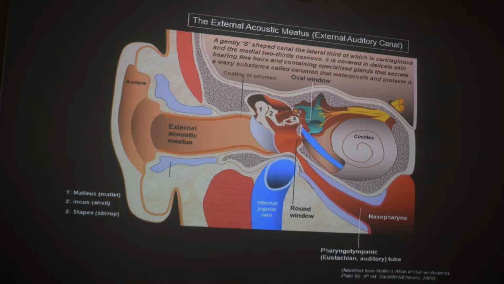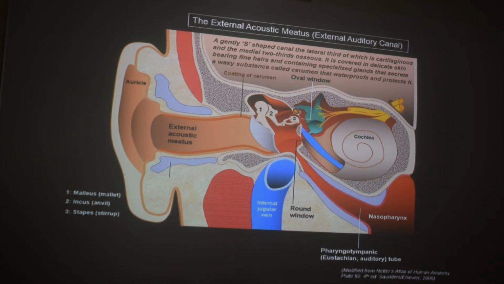So when you are going to examine the external ear, you pull the ear upward and backward. This upward and backward pulling of the auricle will make the external auditory meatus straight so that you can observe the tympanic membrane. The main thing which you are observing with an otoscope is the tympanic membrane.